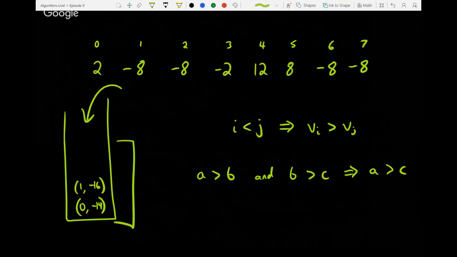Which is good news for us because we want to keep that property persisting throughout the lifetime of the data structure. So I don't have to loop through the whole data structure, all pairs, and make sure that this property holds. I only have to maintain it for the top of the stack.